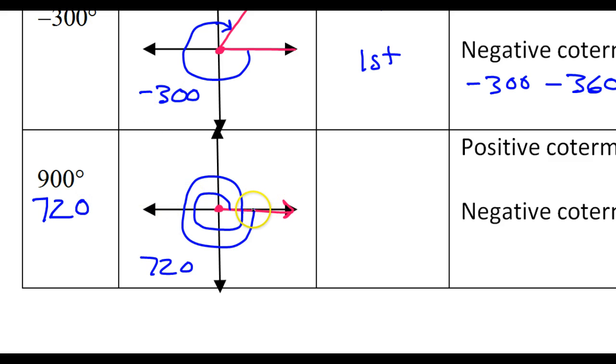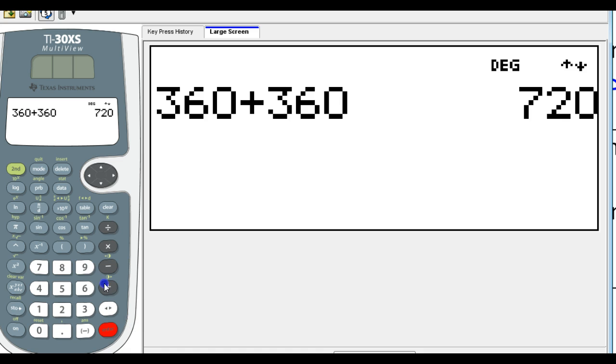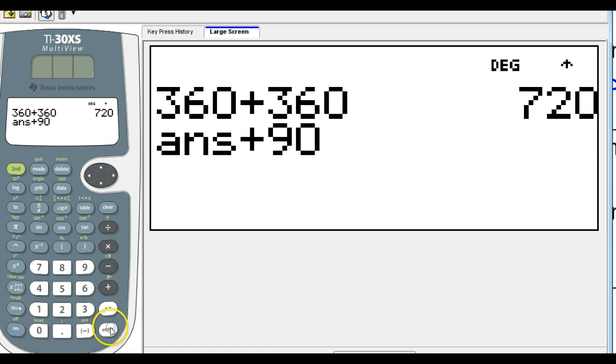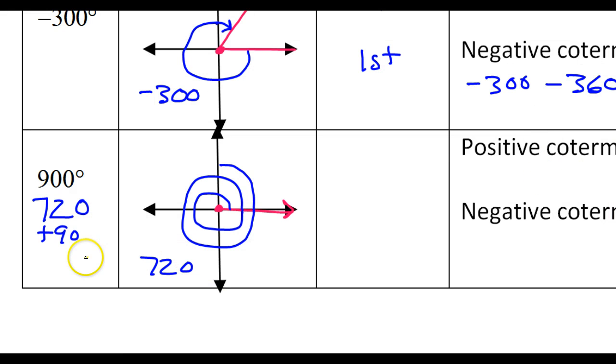If I go another quadrant, that's plus 90 degrees, so that gives me 810. So now I've got 810 so far. I'm getting closer to this 900. Now, what if I go another quadrant to here? That's another 90.